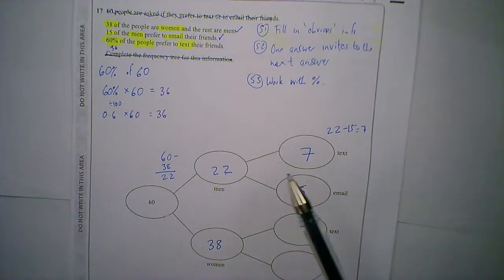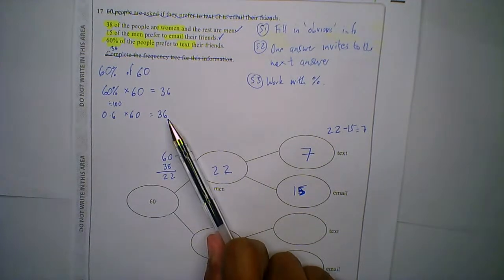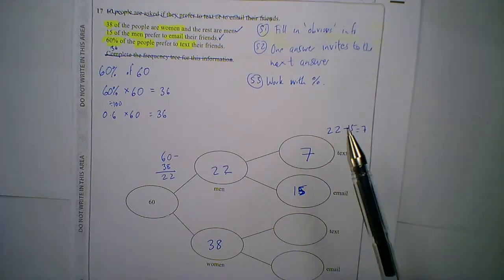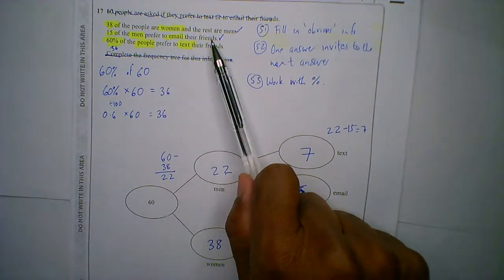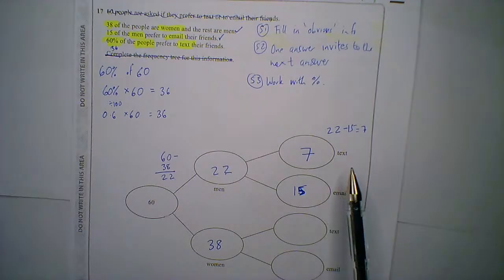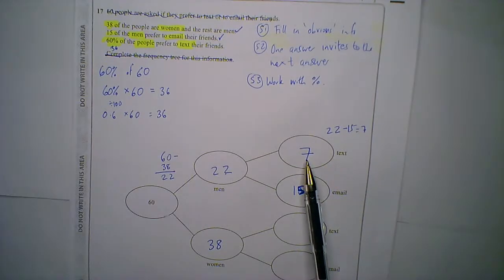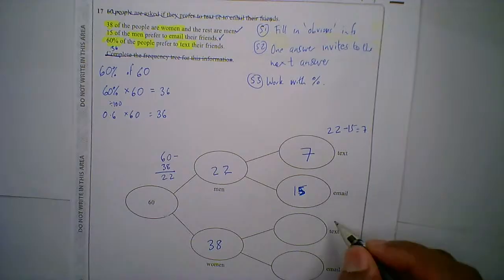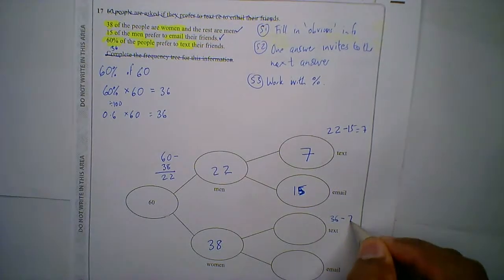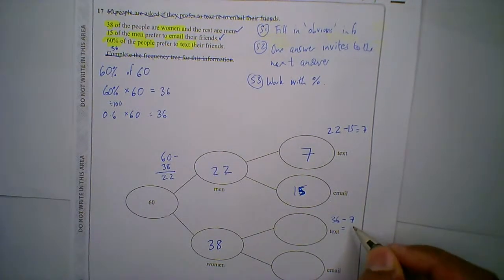Just pausing for a second, just to check my calculation is fine. Right, next thing. 36 people prefer to text their friends. So if texting is 7, we can do 36 take away the 7. So 36 take away 7. That gives me 29.